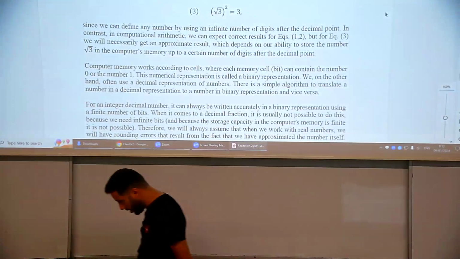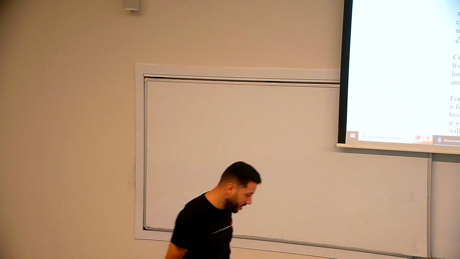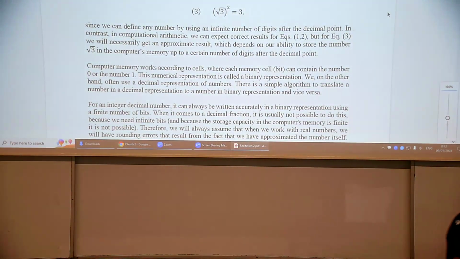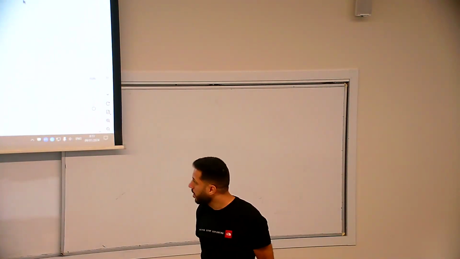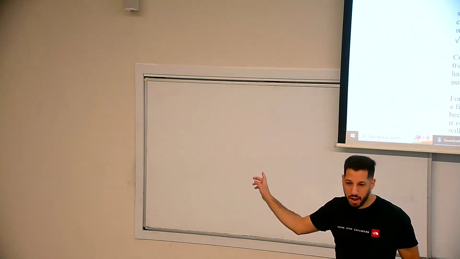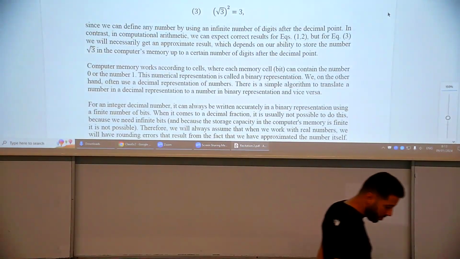But when we want to tell the computer what the square root of 3 is, we've learned also that for real numbers, there is a bijection between them and the infinite decimal representation, when we don't count the 0.99999... And because of that bijection, we know that every real number we can represent as a decimal expansion, but an infinite decimal expansion.